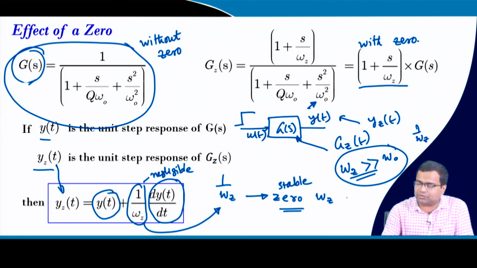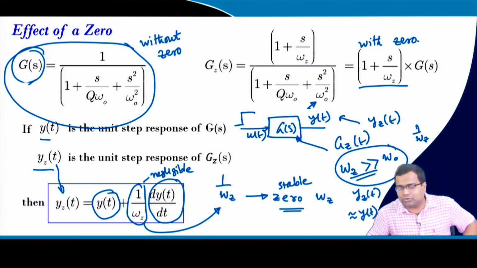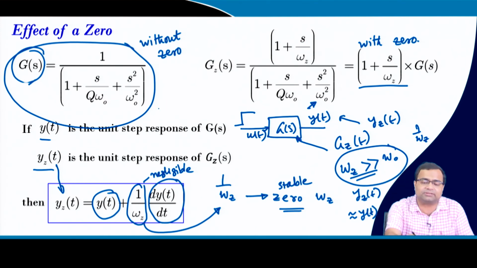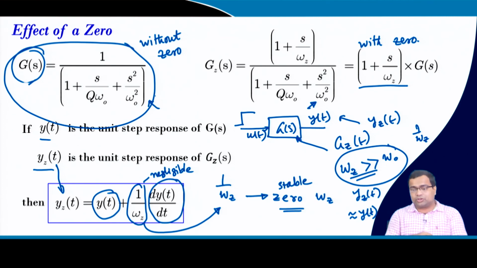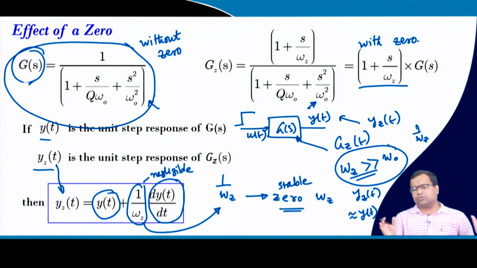In that case, y z of t will be approximately equal to y of t. That is why in most control system textbooks we study only the transfer function without 0, because we assume that even if there is a 0, it is located far in the left half plane, either by closed loop control or originally. Then the response will be almost identical.